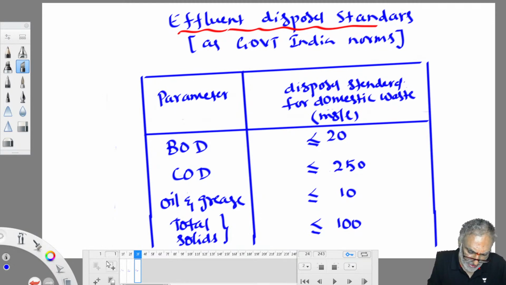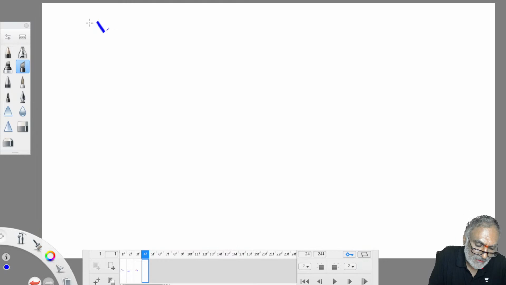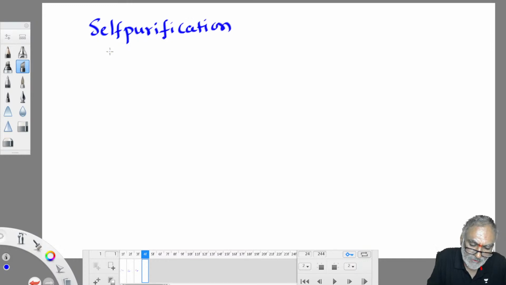That is what is called self-purification. The leftover substances present in wastewater are removed in due course of time by the water body on its own, known as self-purification. That's what we need to work out. First we study the self-purification capacity of a water body. Truly speaking, this topic you need to study before wastewater treatment. Self-purification of water bodies.